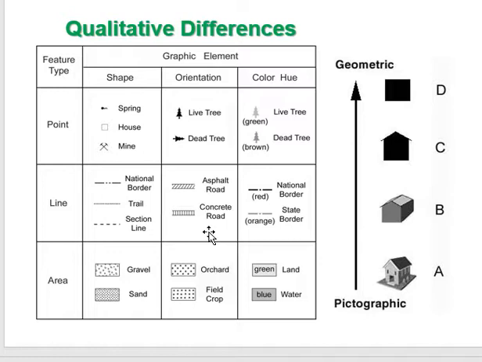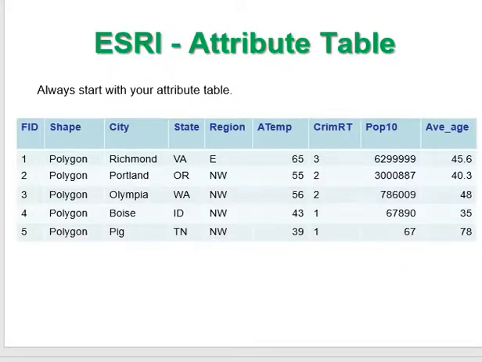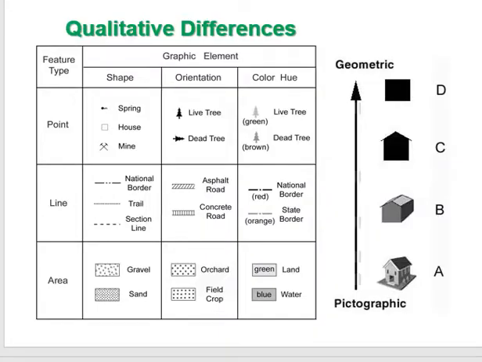It's just the orientation that is different. And again, you could use colors to differentiate between borders. Same with area. So you really need to know what is the data that you're mapping. Are you making a qualitative or a quantitative map? And then that generates the type of colors that you'll use and the type of symbology that you'll use.